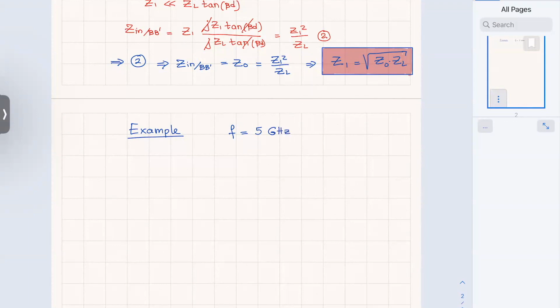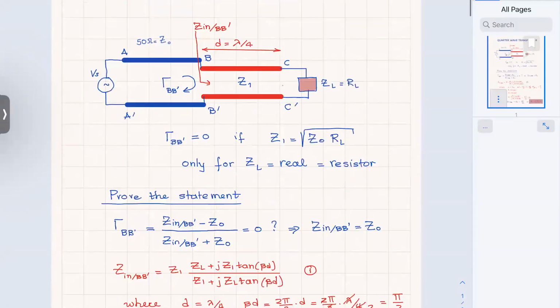And then I give you the load, ZL equal to 150 ohms. And then I give you the input, the blue line, the input characteristic impedance Z naught equal to 50 ohms.